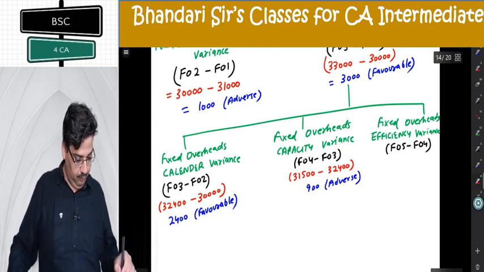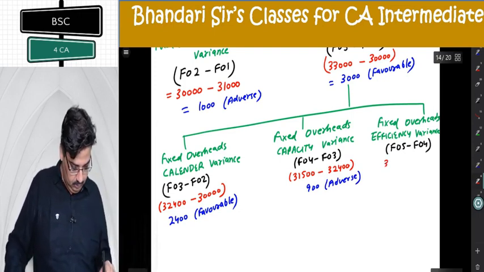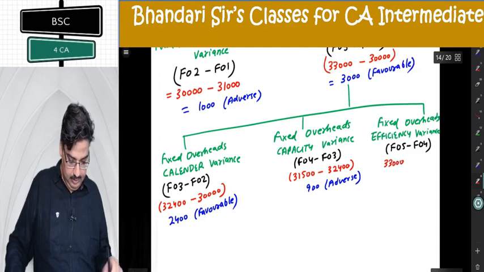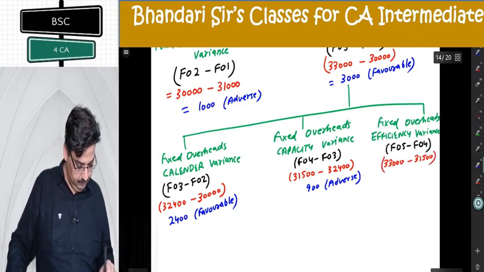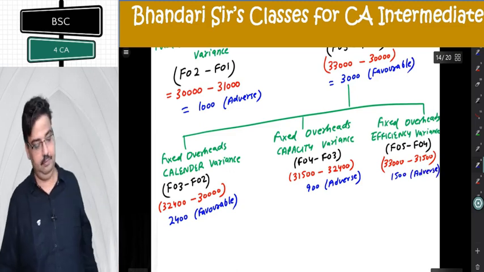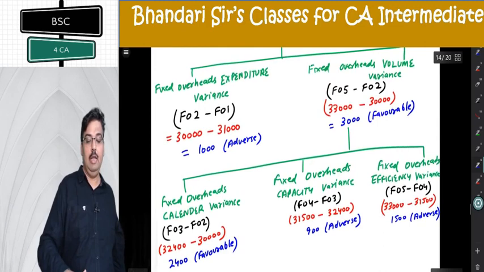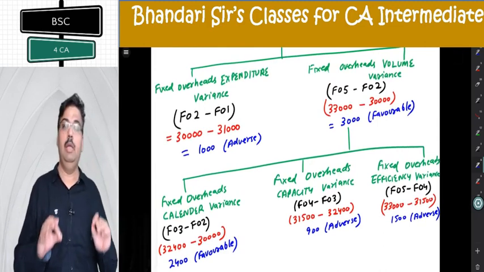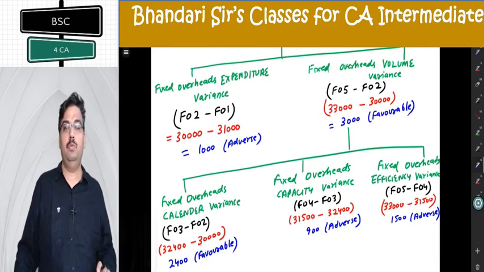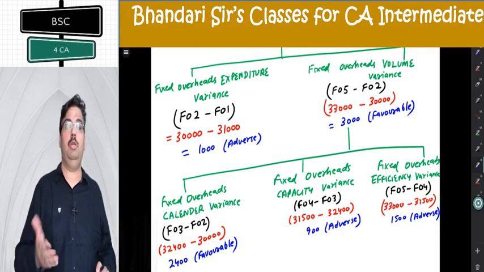FO5 minus FO4, 33,000 minus 31,500. 1,500 adverse. These are the ultimate answers that you will get in this B2. This is B2. We'll continue with more questions in the next class.